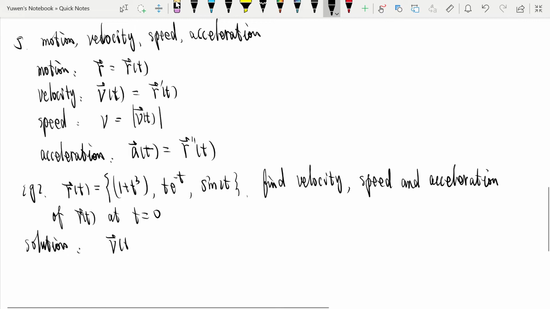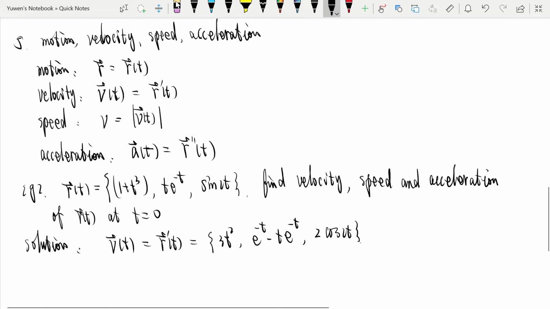So the velocity is the derivative of r(t), that is (3t squared, e to the negative t minus t e to the negative t, and 2 cosine 2t).